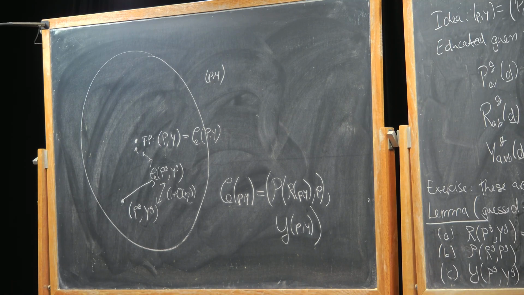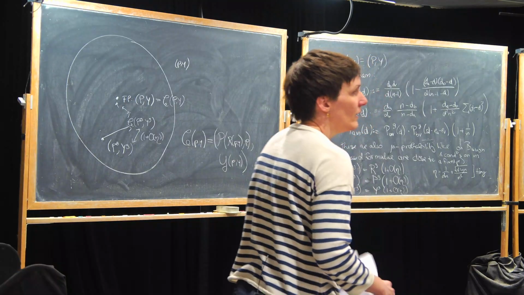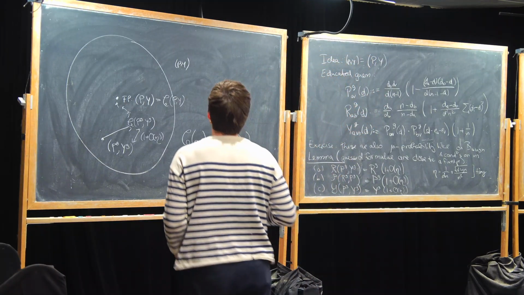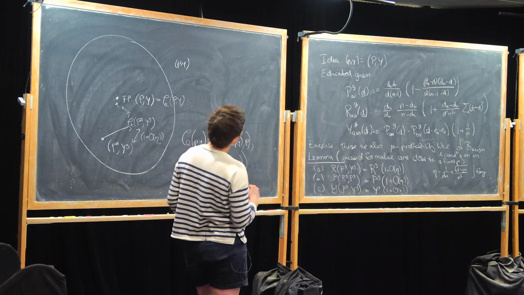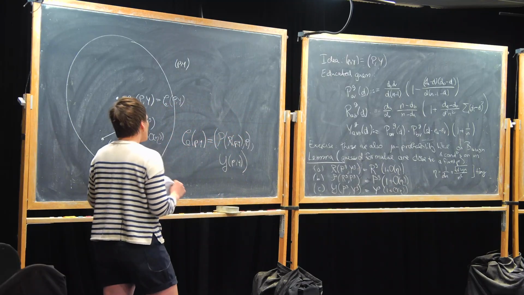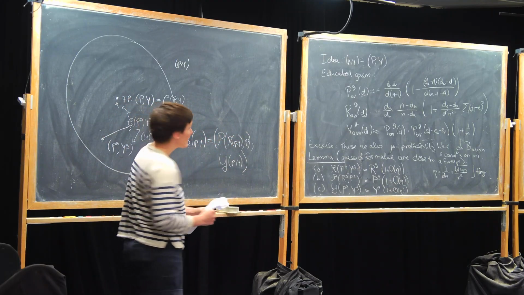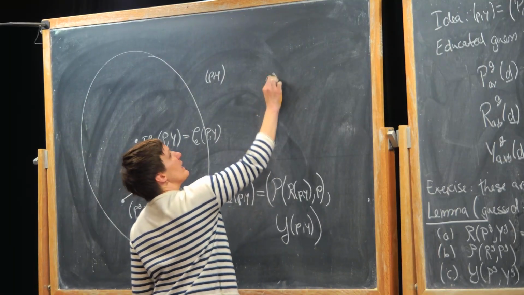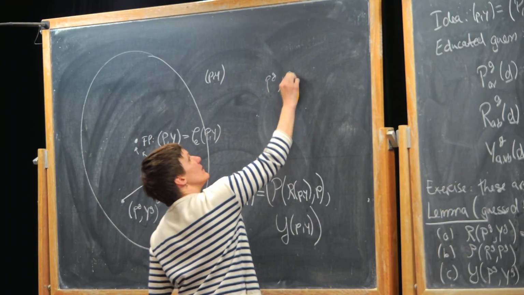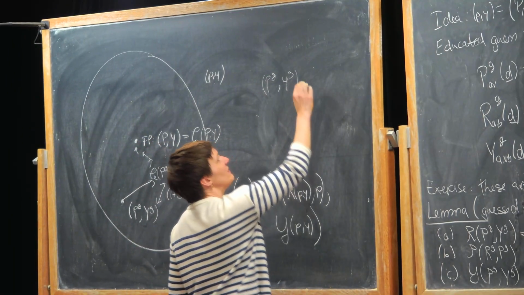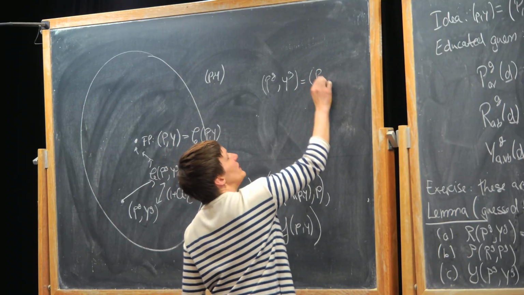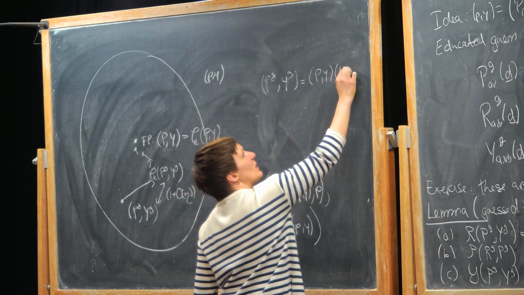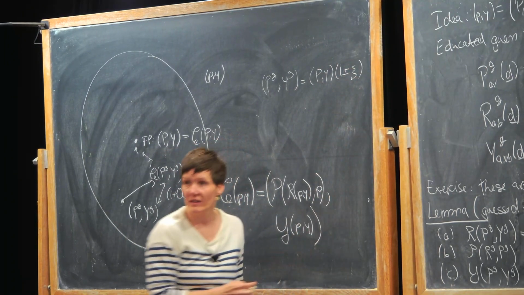How do you know there are not any other fake fixed points? There could be another fixed point somewhere else, but you have to start with P guessed, Y guessed being (P, Y) times 1 plus or minus xi.